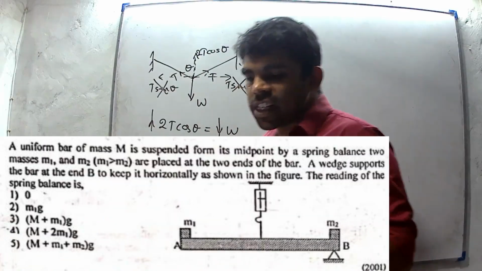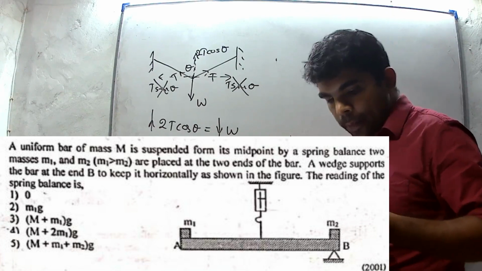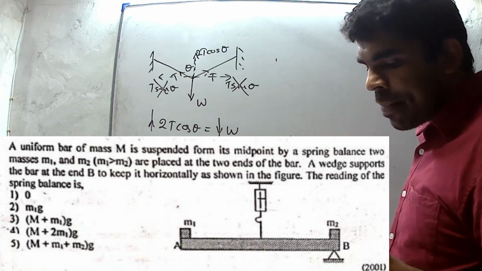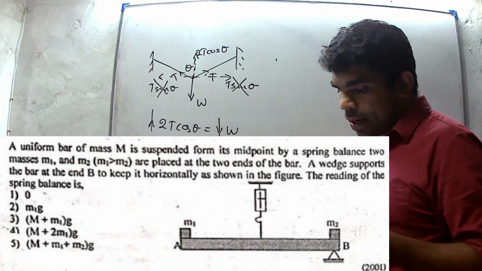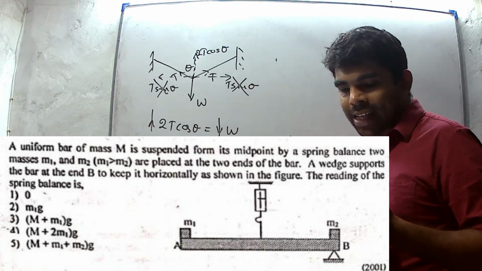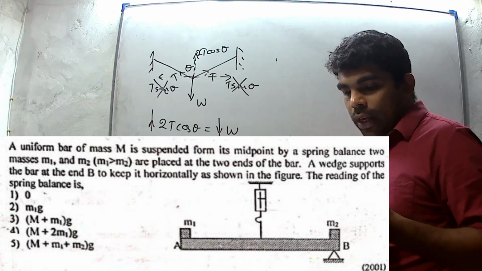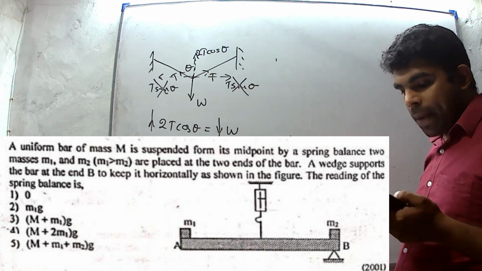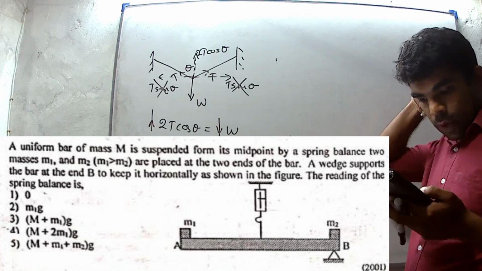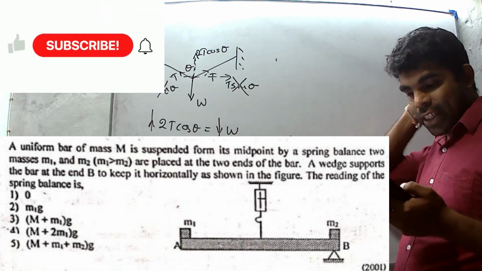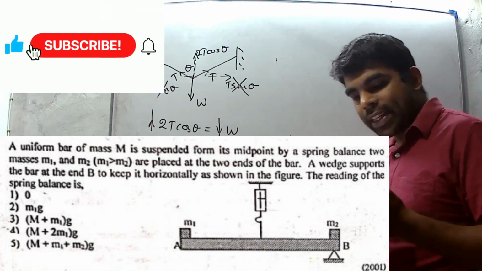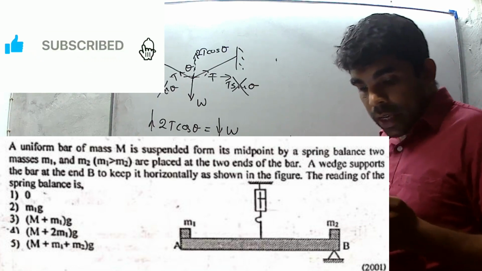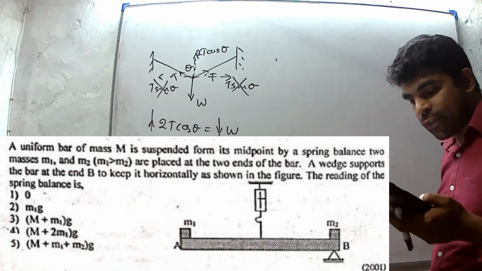Then question number 16. A uniform bar of mass M is suspended from its midpoint by a spring balance. Two masses M1 and M2, M1 is greater than M2, are placed at the two ends of the bar. A wedge supports the bar at the end B, keeping it horizontal as shown in the figure.